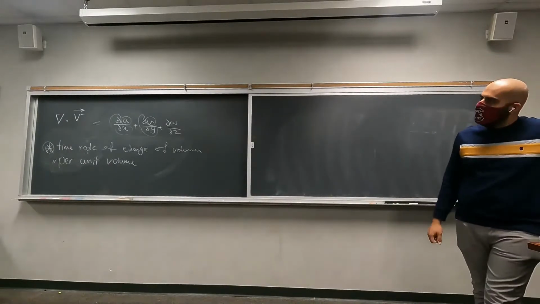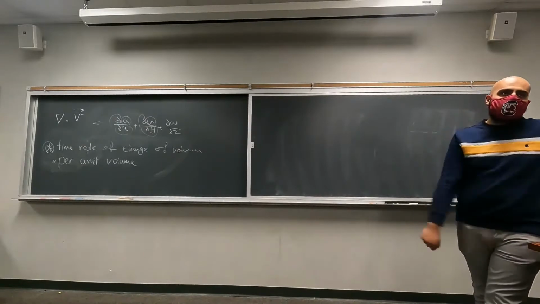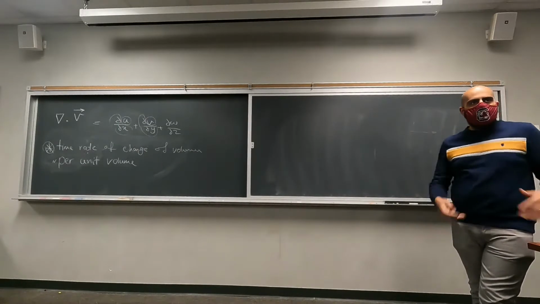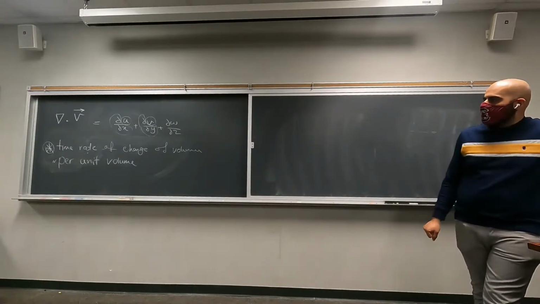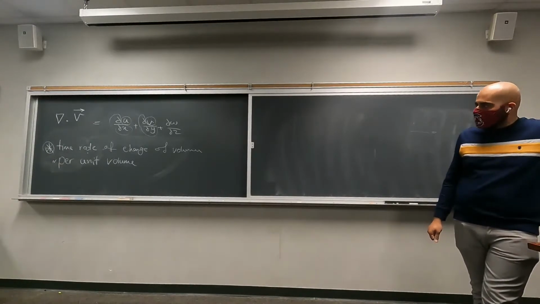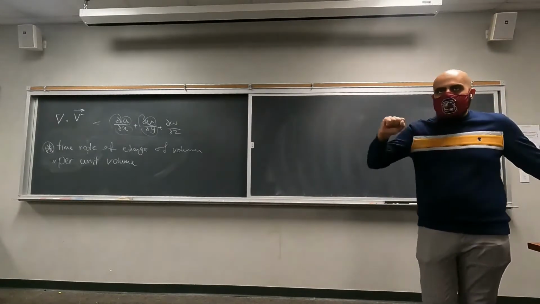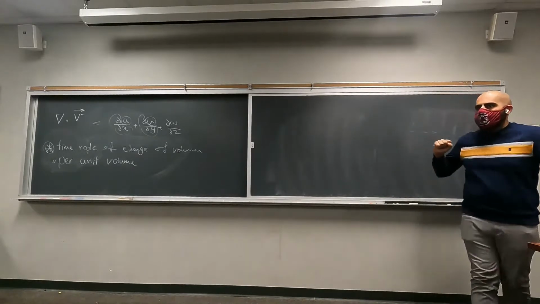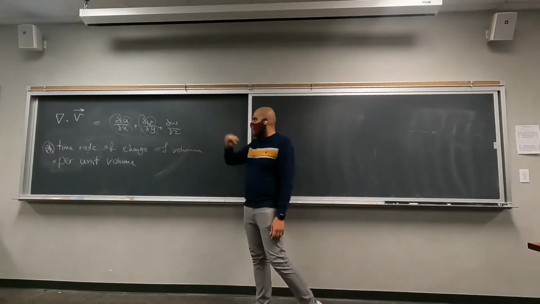Okay. So let's say we are dealing with an incompressible flow. We know what an incompressible flow is. We have talked about it, and you have seen it in your fluid mechanics course as well. What is the value of divergence of velocity for an incompressible flow if we take this definition as a representation of divergence of velocity?